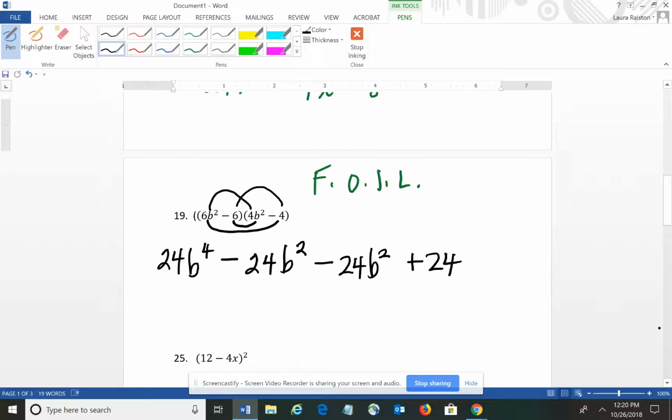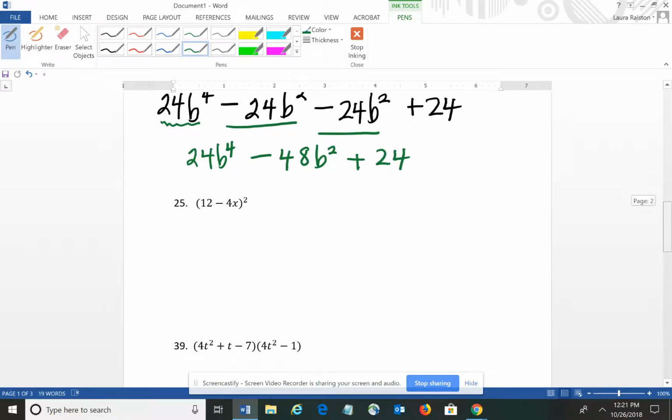And then I'm going to come back and combine like terms. There's nothing to combine with the 24b to the fourth. I have minus 24b squared and minus 24b squared. Minus 24 and minus 24 make minus 48b squared plus 24. And there's your answer.